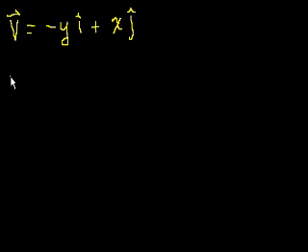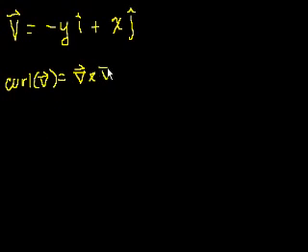So the curl of v is equal to our del vector operator cross v, which is nothing but this.